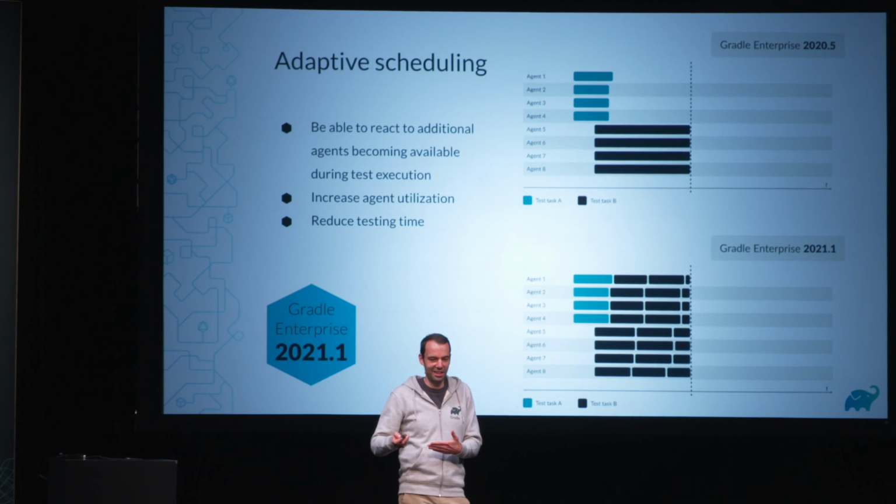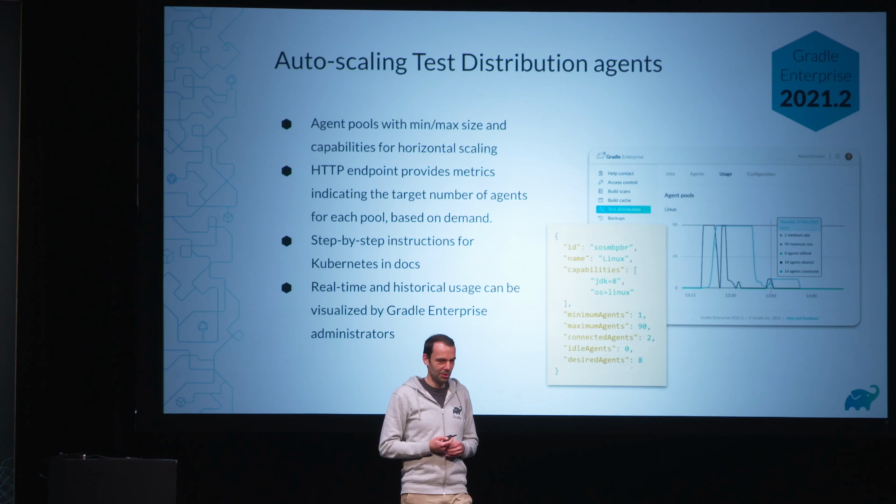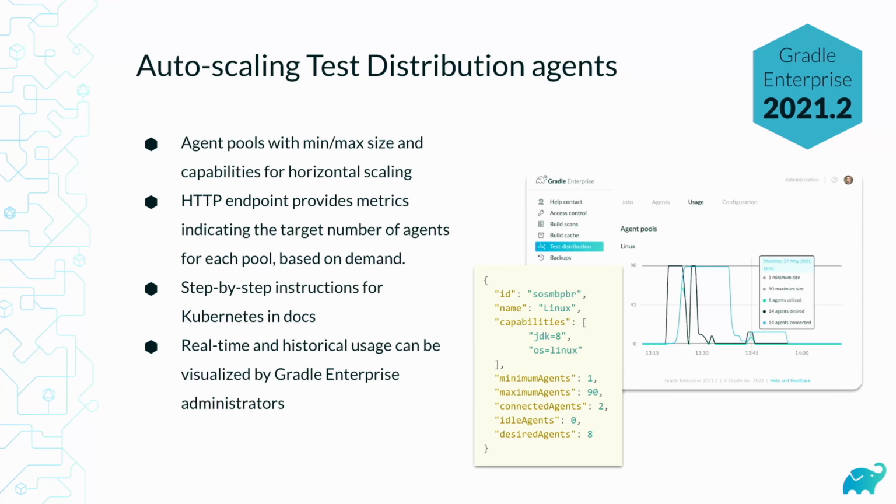And then in the next release, in 2021.2, we worked on auto-scaling. We introduced the concept of an agent pool. An agent pool is basically a name for a group of agents that has a min and max size and a list of capabilities that let us decide which agent pool to use for scaling up.